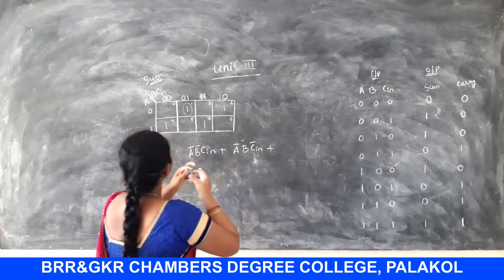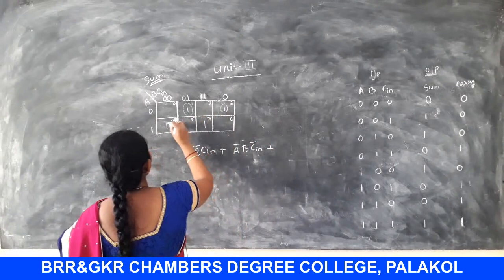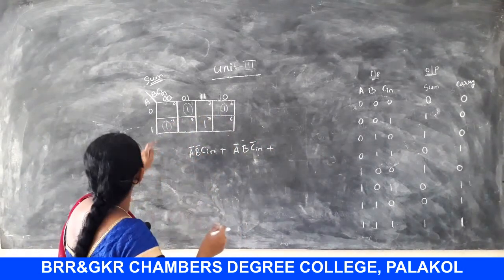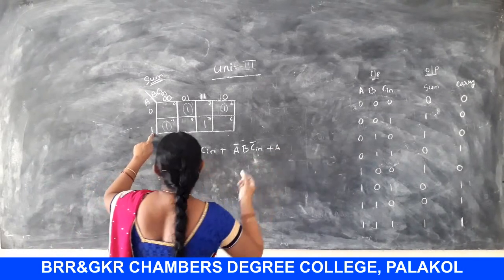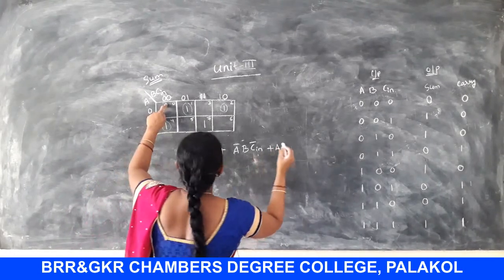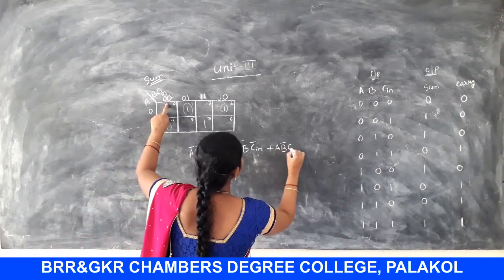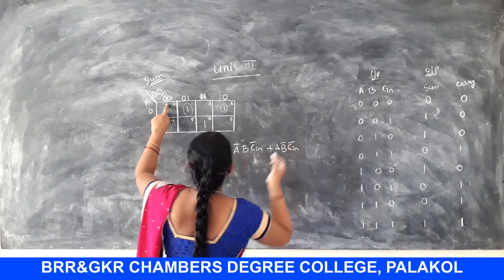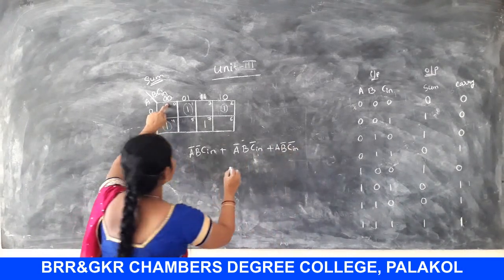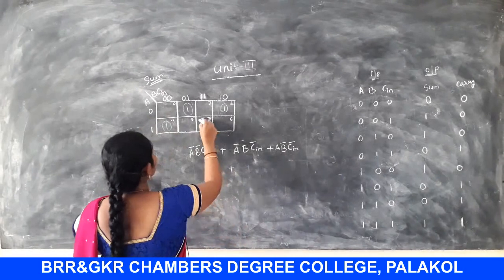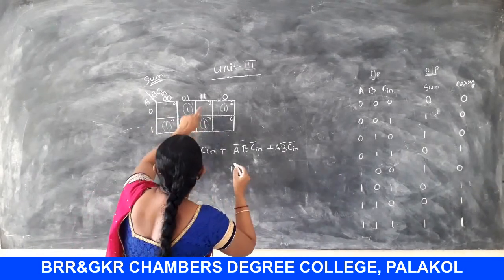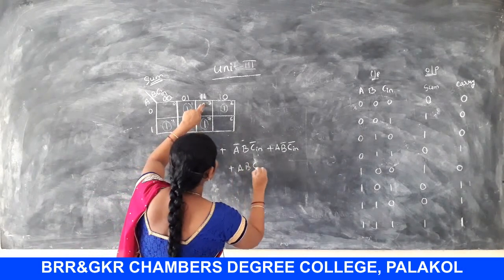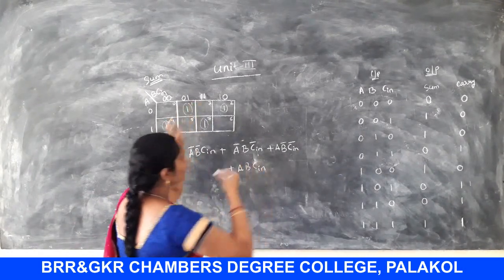Okay. This is completed, and the next loop is A, B bar, C in bar, and next plus, coming to this loop, this is A, B, C in.